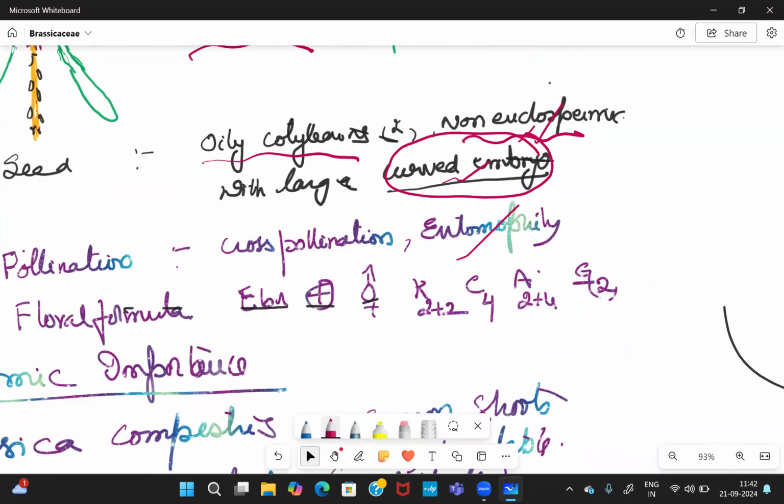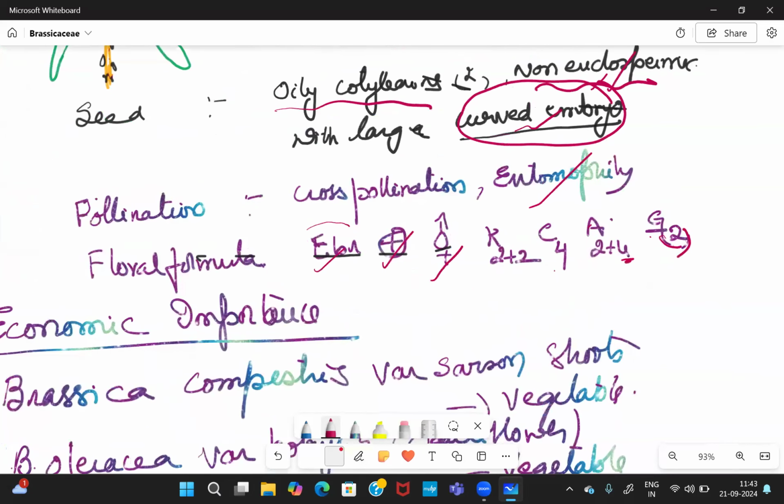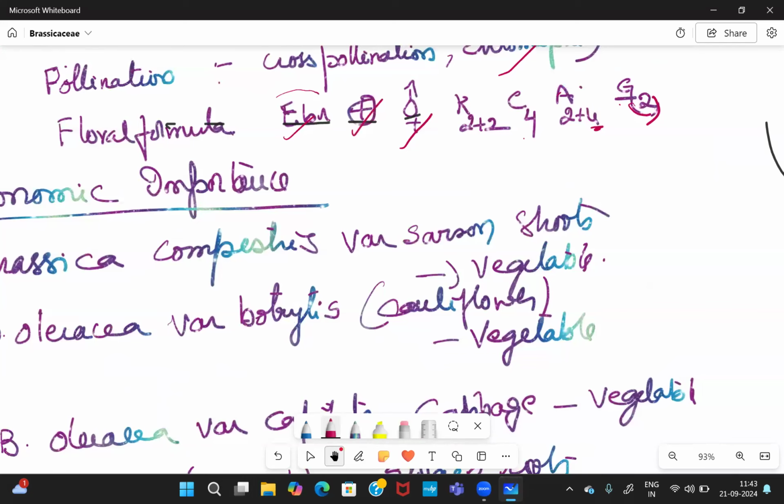So ebracteate, actinomorphic, bisexual, calyx 2 plus 2, corolla 4, androecium 2 plus 4, outer 2 short, inner 4 long, gynoecium superior, bicarpellary syncarpous.